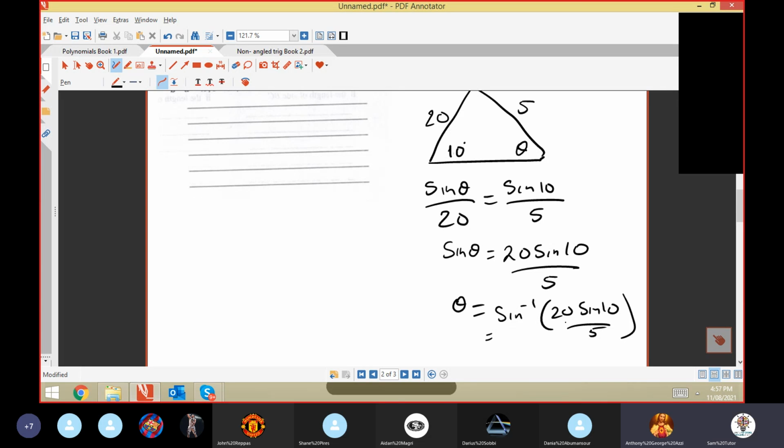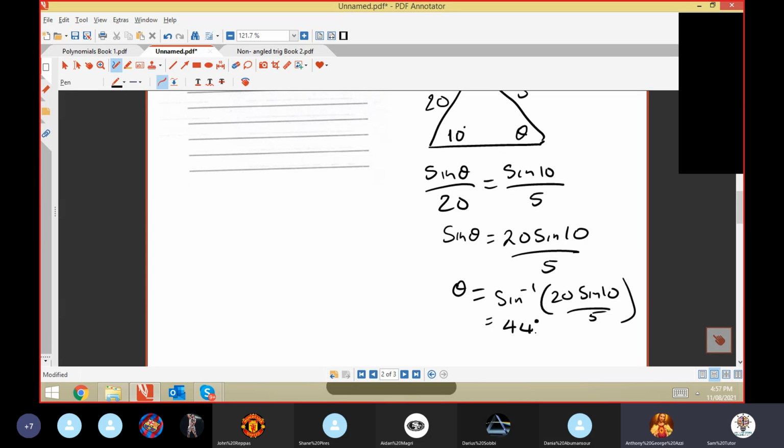So inverse sine of 20 sine 10, all over 5. Do you want a nearest minute? Just degrees, fine. 44 degrees. And then what's 180 minus 44 now? 136. Would 136 be correct?